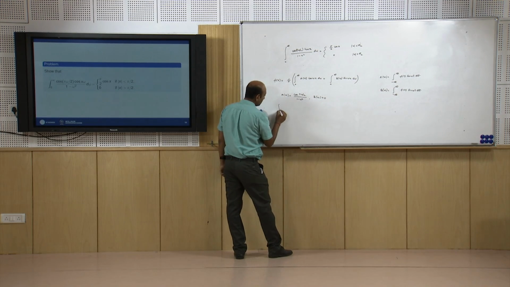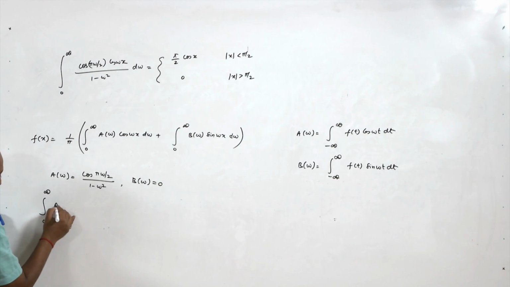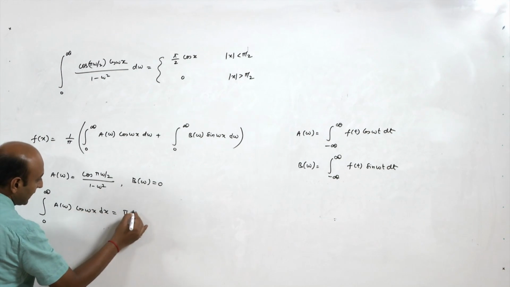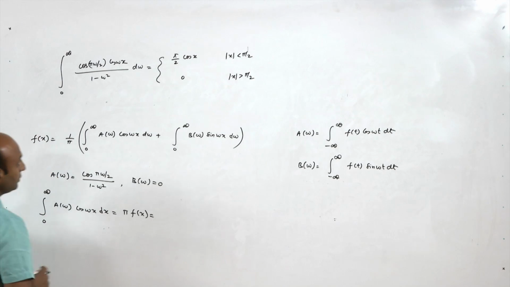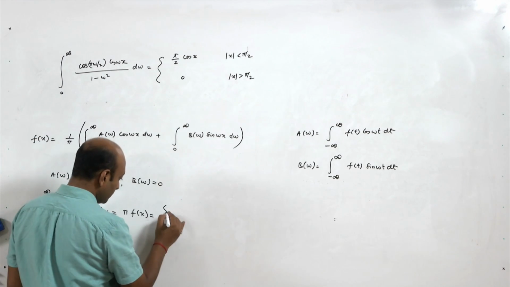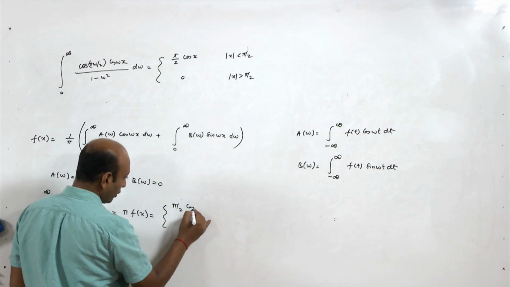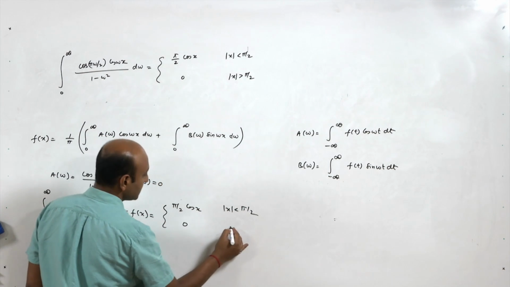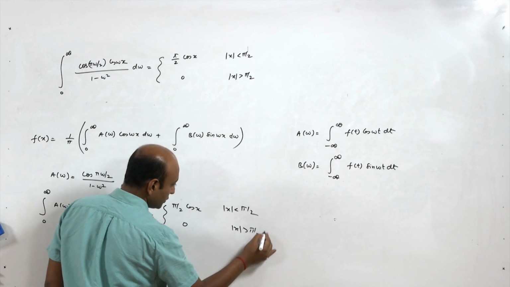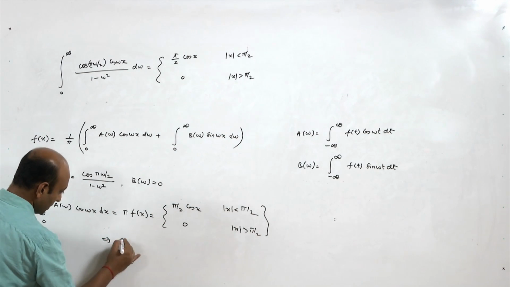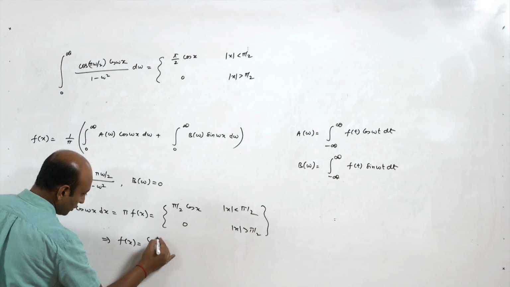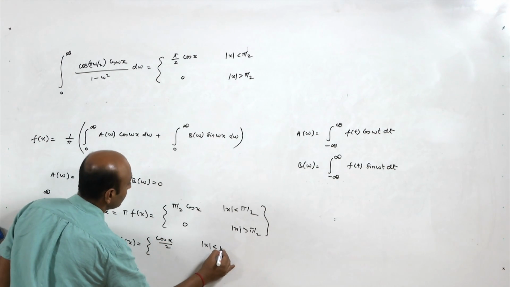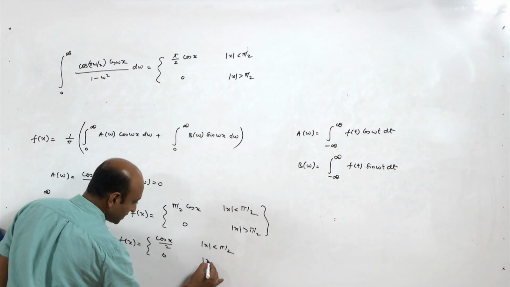And this integral from 0 to infinity of A(ω) cos ωx dω is nothing but π times f(x), which is equals to π by 2 cos x when mod x is less than π by 2, and 0 when mod x is greater than π by 2. So, this implies f(x) is cos x by 2 when mod x is less than π by 2, and 0 when mod x is greater than π by 2.